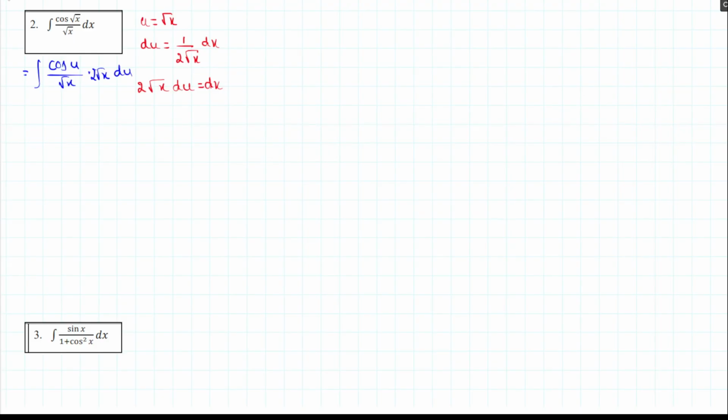You can see this root x and root x get cancelled, so this becomes 2 times the integral of cos u du, and the integration of cos u is sin u plus c. So this is 2 sin, back to the original variable u equal to root x, plus c. So this is the integration.